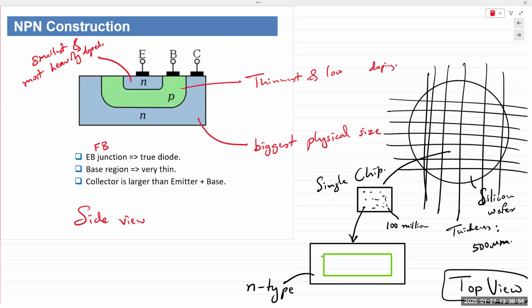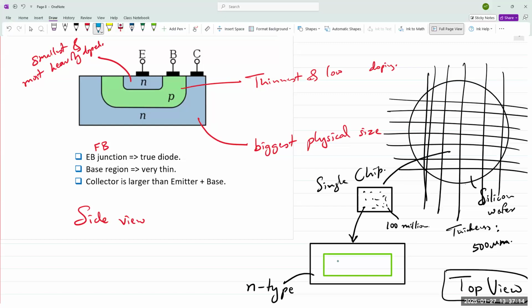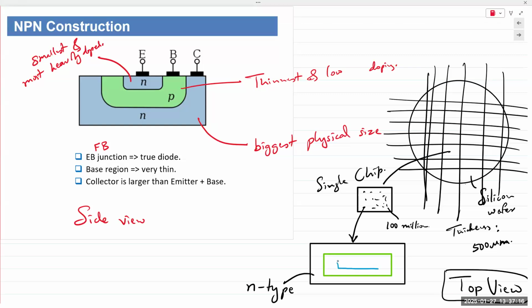We create a small opening and we introduce P-type material in there, or P-type impurity dopants. Thus, we now have a PN junction diode. Make sense? Then inside this P-type material, we create another small opening. And now we introduce N-type impurity material in there to create an enclosed N-type junction or NP junction.